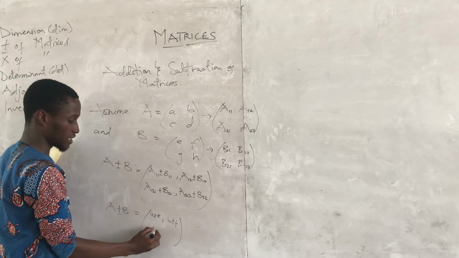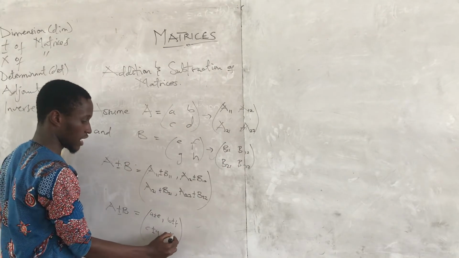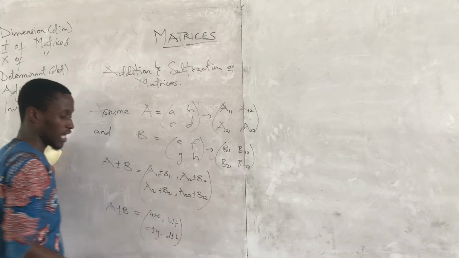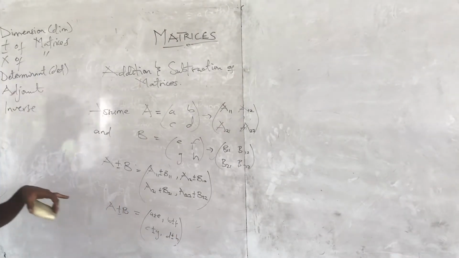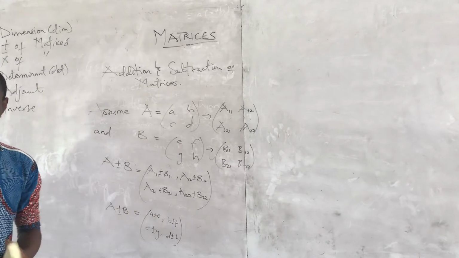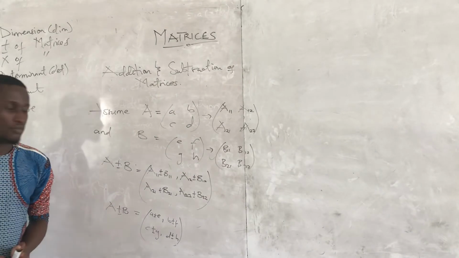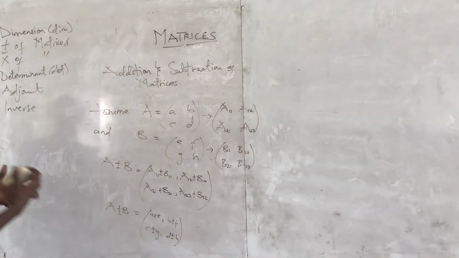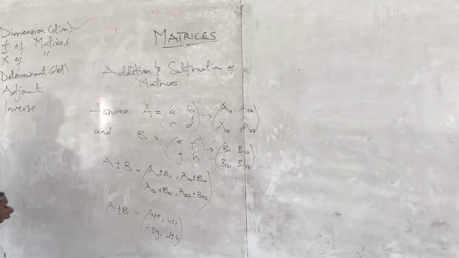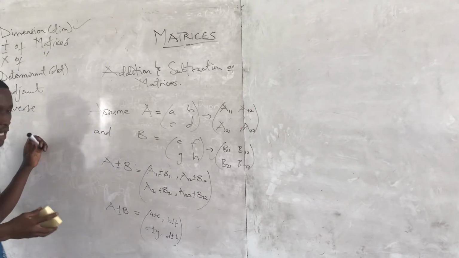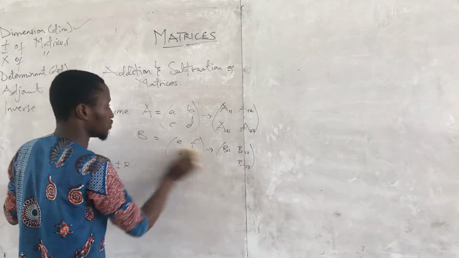So C plus or minus G, D plus or minus H. So that becomes my A plus or minus matrix B. We will solve by numbers, then we understand better. So we are done with this. Okay, so I'll clean it, and then we go by examples.